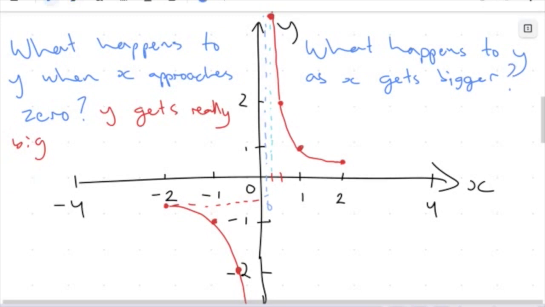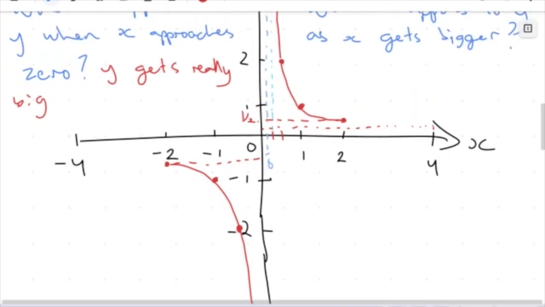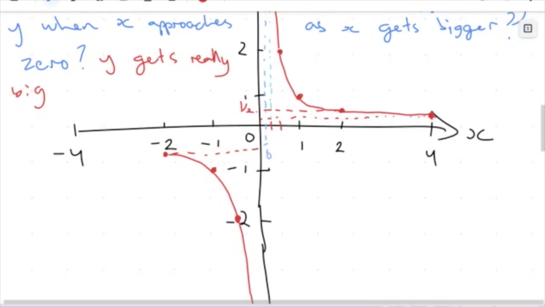We saw that when x equals 4, y equals a quarter. So over here it's at a half, at a quarter, so half of that, this is my point here.